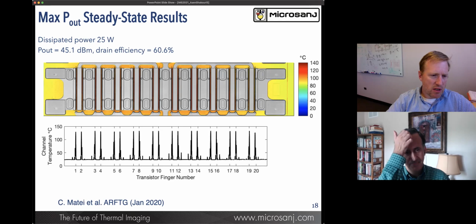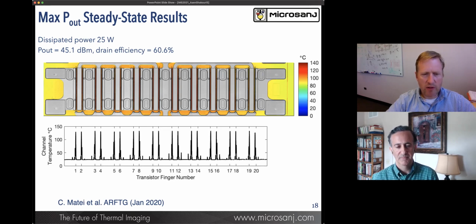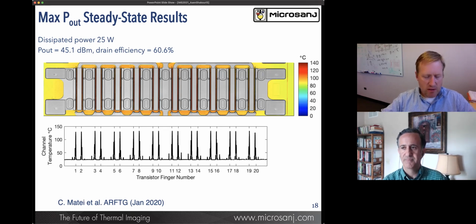And you can see the temperature distribution across the device. It's pretty constant across the overall device, indicating that all the fingers are well spaced out, and under these steady state conditions, everything behaves kind of as we would expect.